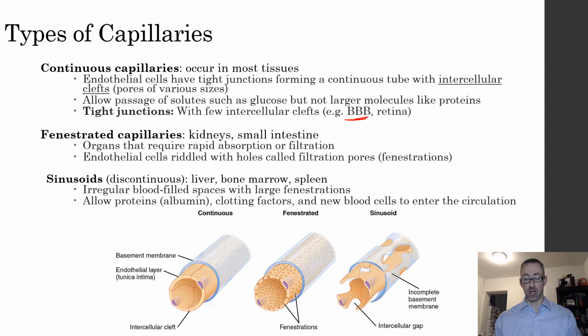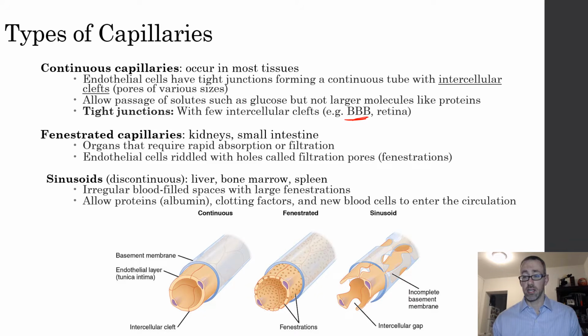So for example, in the kidney, where we're doing a lot of filtering of various substances, small intestine for absorption, also endocrine organs, which are secreting a lot of hormones. So you might see fenestrated capillaries in those types of organs. They require rapid absorption or filtration, so that's why fenestrated is perfect for that.